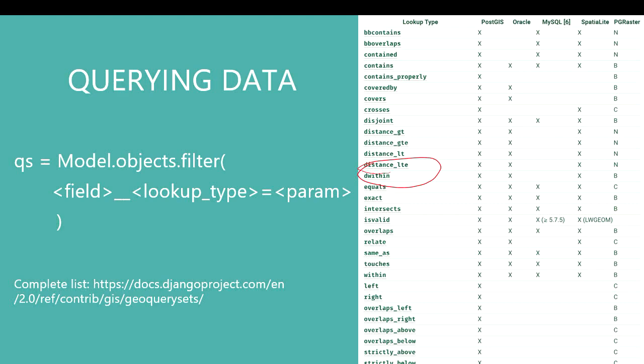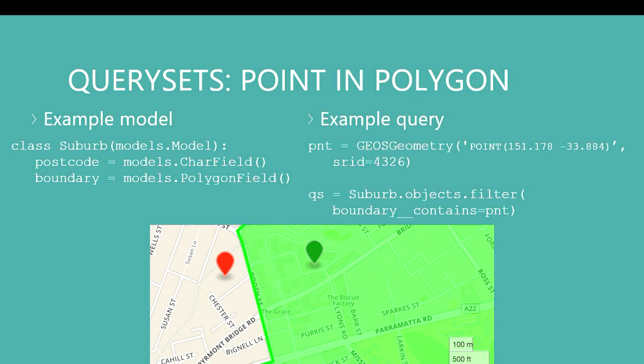So it will be like location distance is less than or equal to some point. But I'll go through a couple of examples just to show some of the more common query types you might encounter.